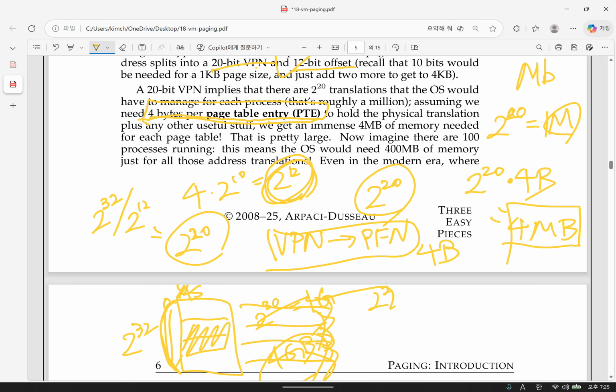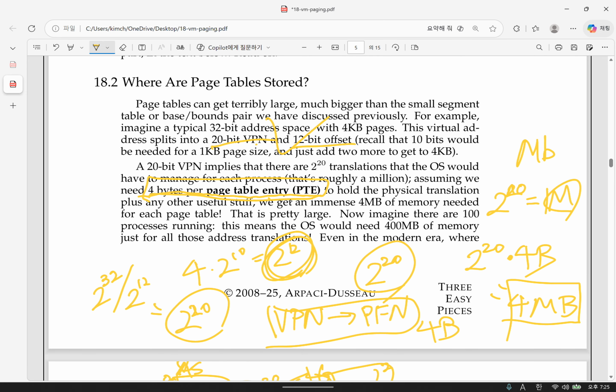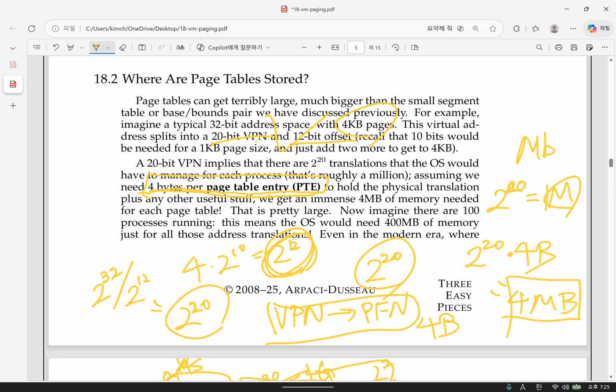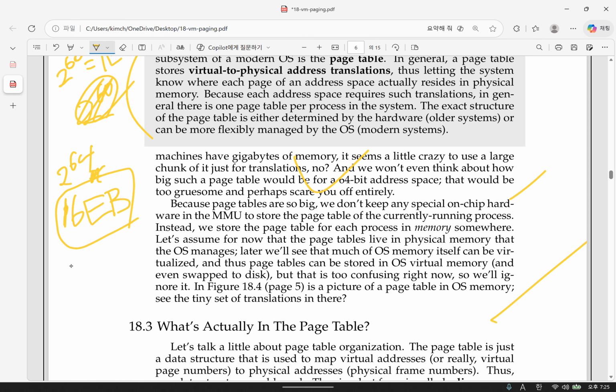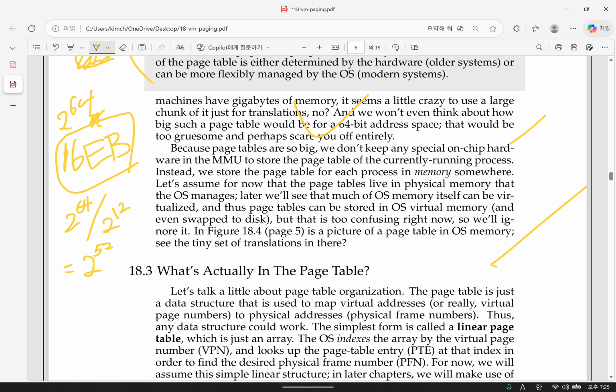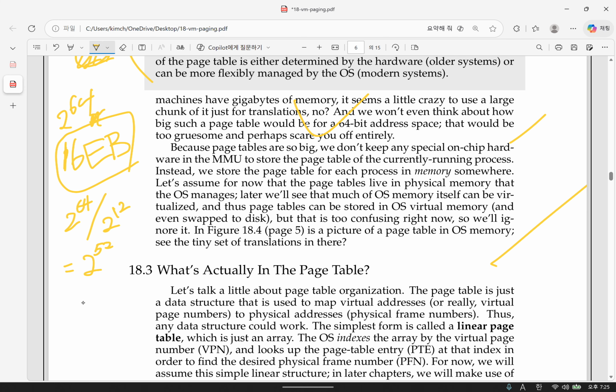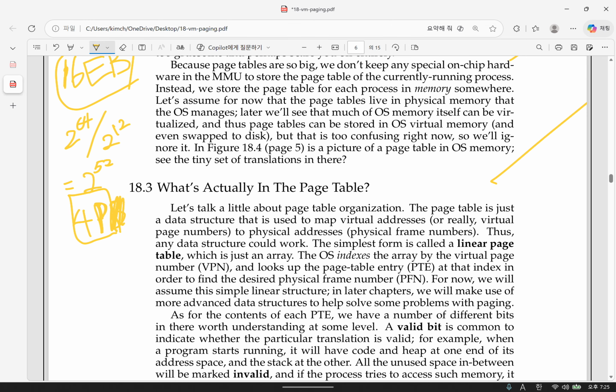And then if we say we have 4 kilobyte pages, 4 kilobytes is 2 to the 12, so the number of pages is 2 to the 52. 2 to the 50 is 1 petabyte, so that's 4 peta translations.